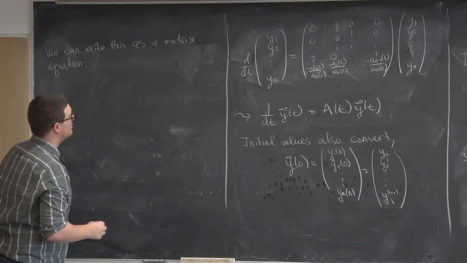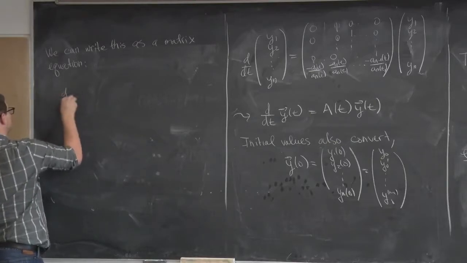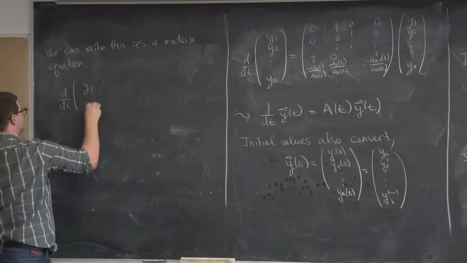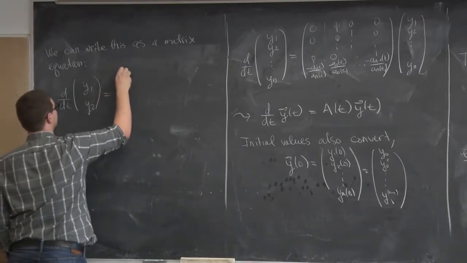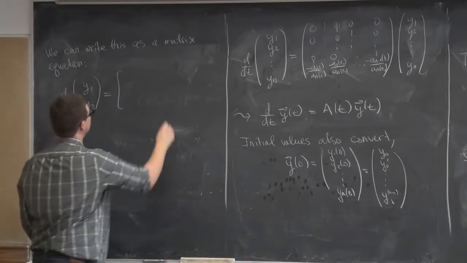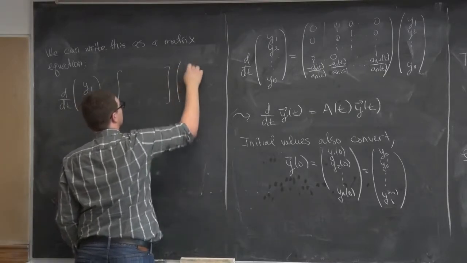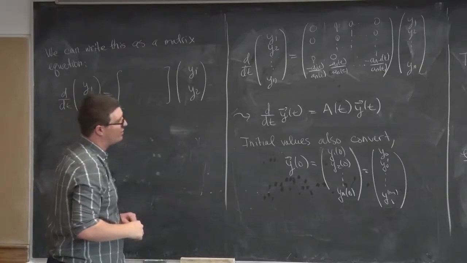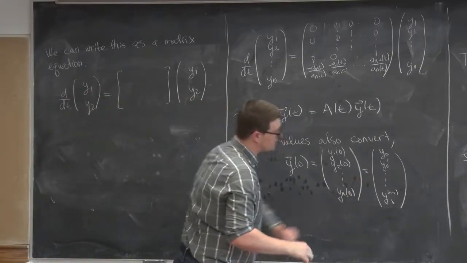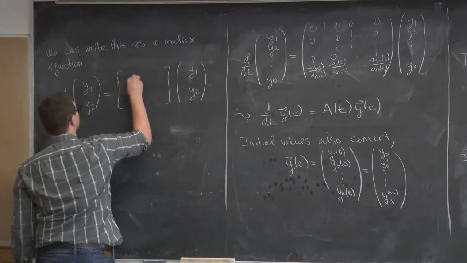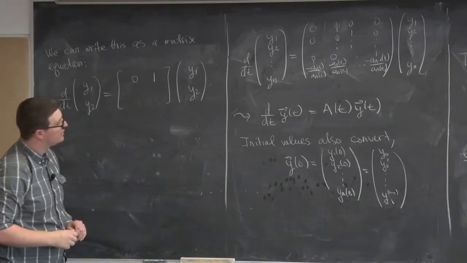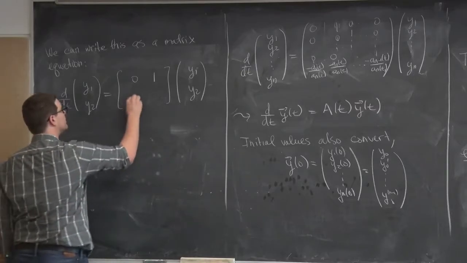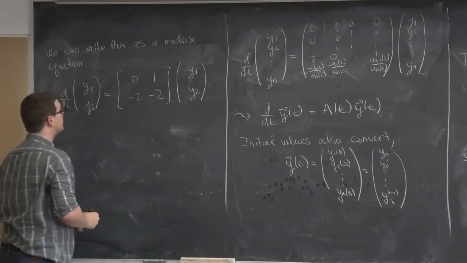So here we have d/dt of (y1, y2) is equal to some matrix times (y1, y2). So the derivative of y1 is y2, so I'm going to put a 0, 1 like that. And then we're going to have a minus 2 here. Minus 2, minus 2.